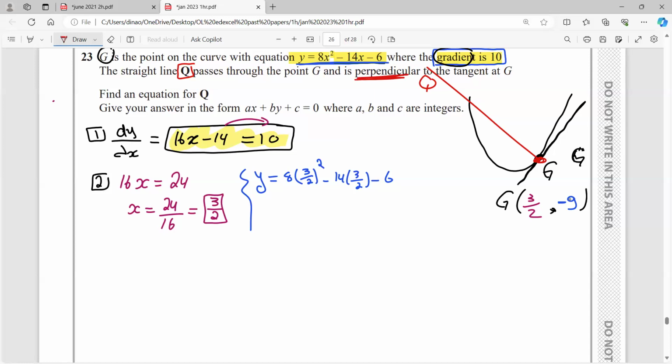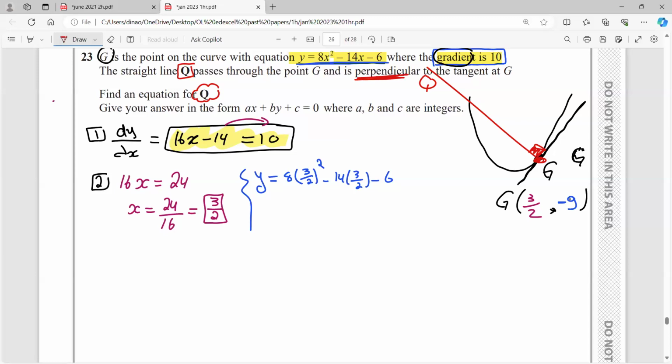Perpendicular means it's 90 degrees, as you can see. So here there is a line, called Q. It is perpendicular to the tangent. Find the equation of the line.